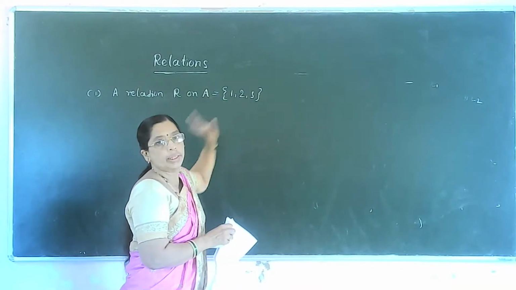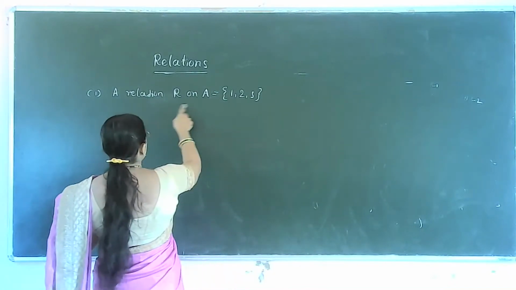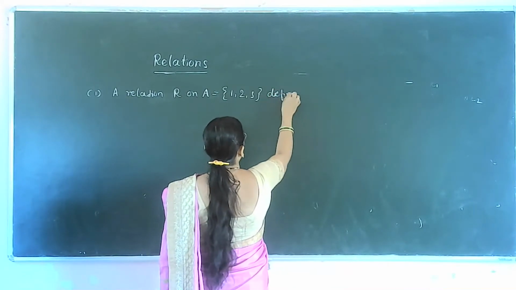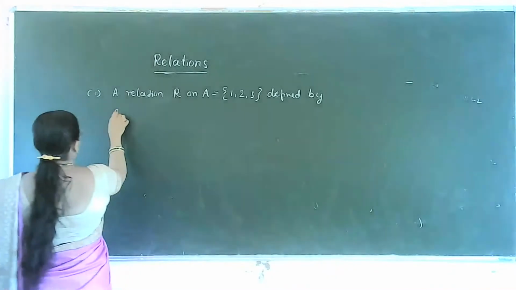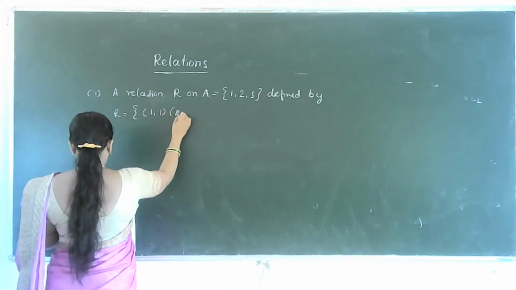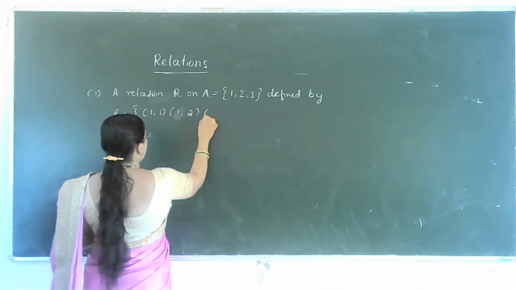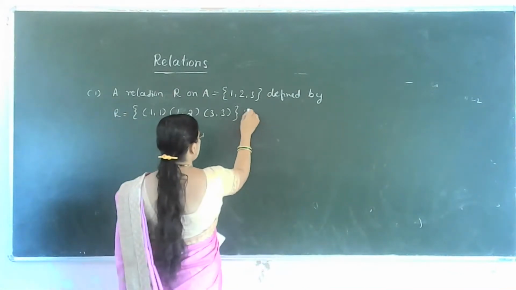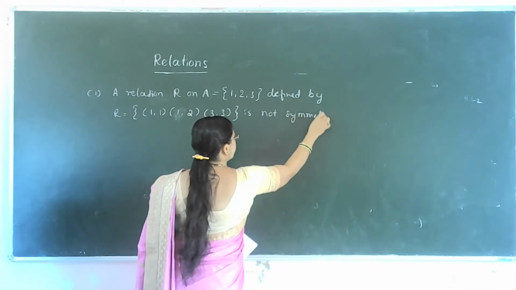What are the elements included here, three elements or four elements? A relation R on set A = {1, 2, 3}, defined by R = {(1, 1), (2, 1), (2, 2), (3, 3)}. Is it not symmetric?